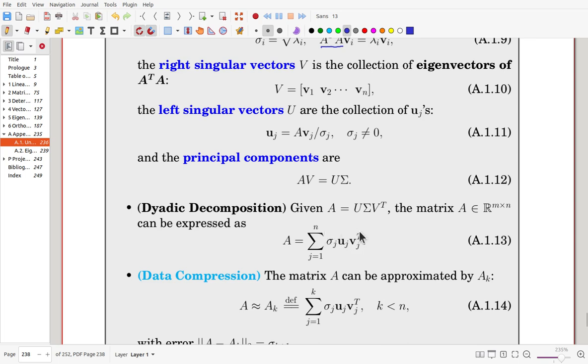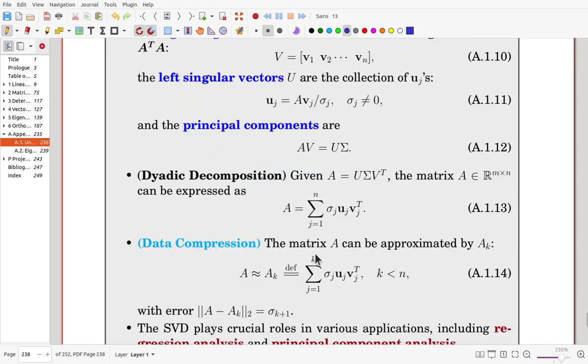Now each term is a rank 1 matrix. This is an outer product, uj vj transpose. And in data compression, we may try to take the summation up to k, and from k plus 1, we try to discard. Then this portion is called Ak.